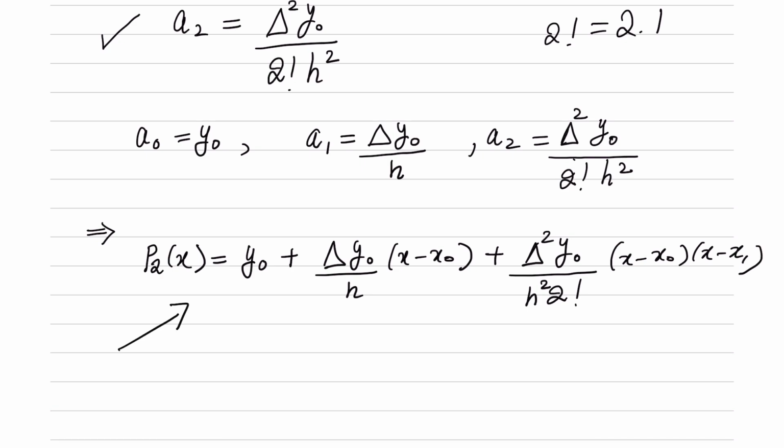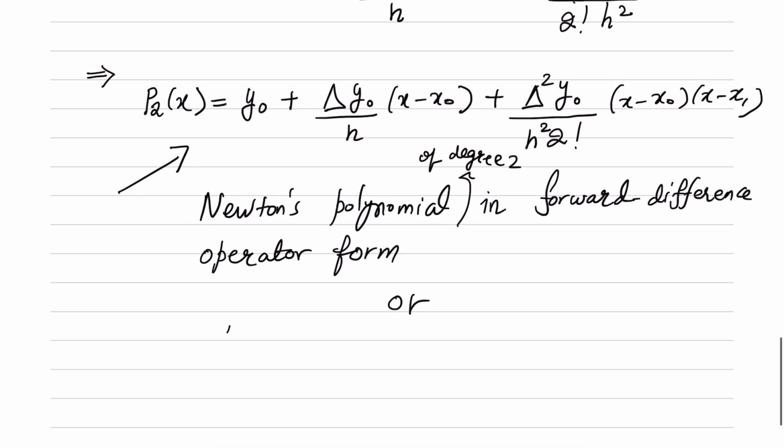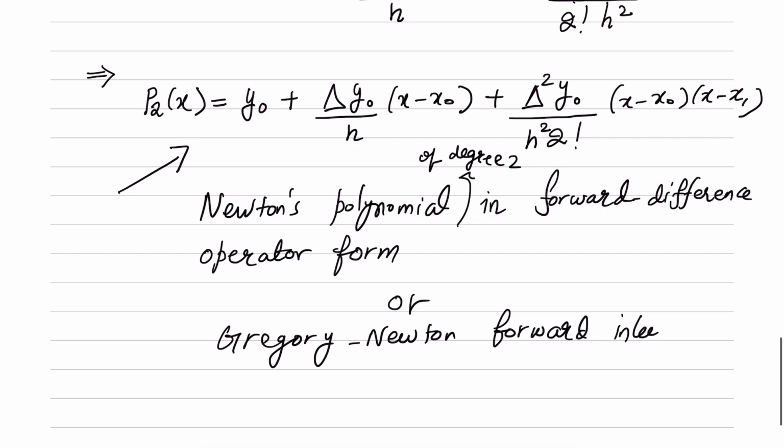So we have written Newton's polynomial in forward difference operator form, and it is of degree 2, or it's the same as the Gregory-Newton forward interpolation formula for 3 points data.